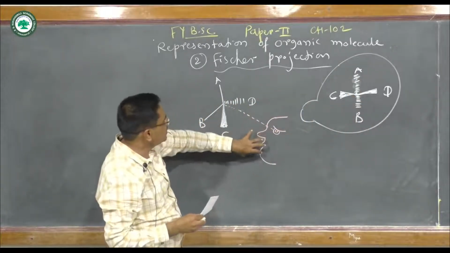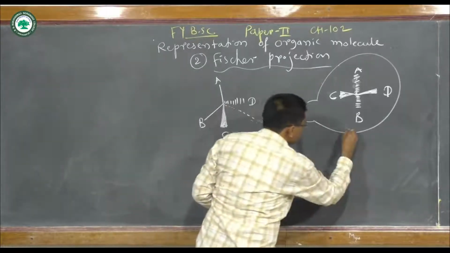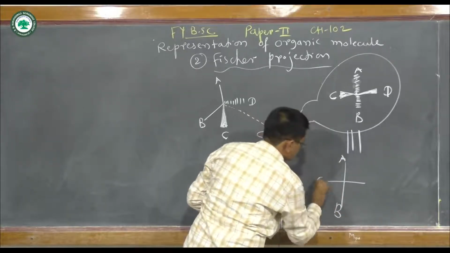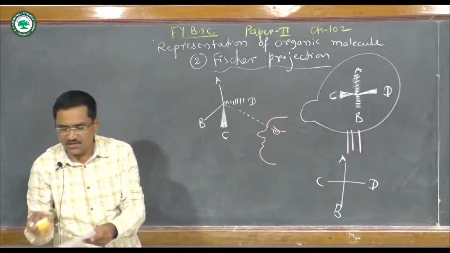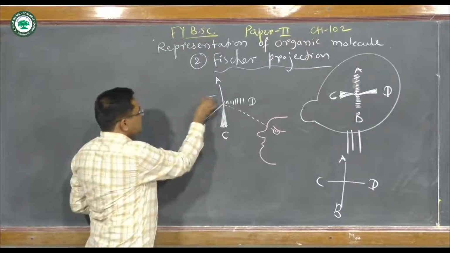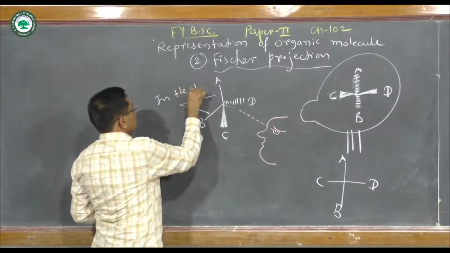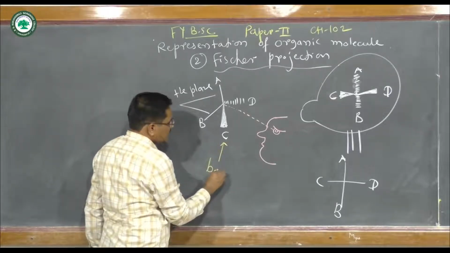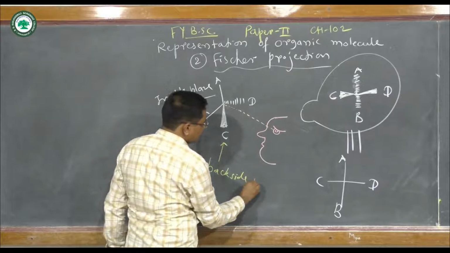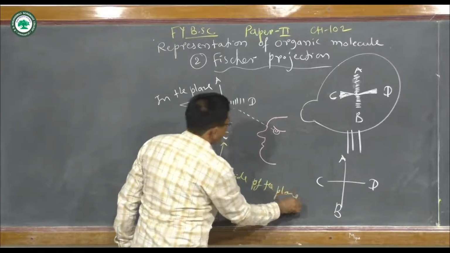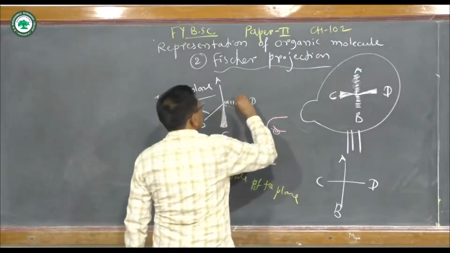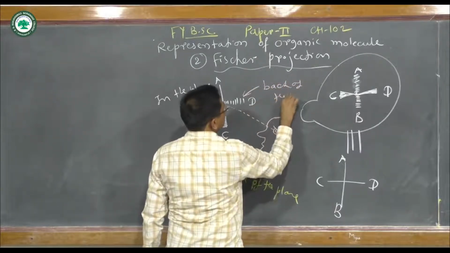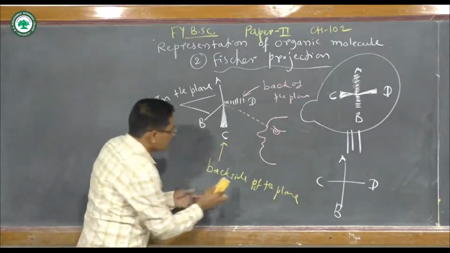When we see it from this side, it can be converted into this way: A, B, C and D. A and B are in the plane, and one is on the backside of the plane, and one is in front of you.